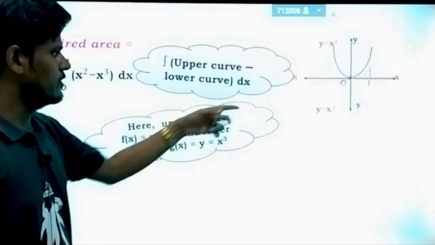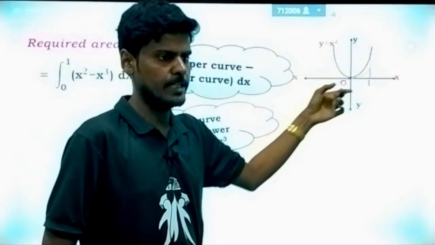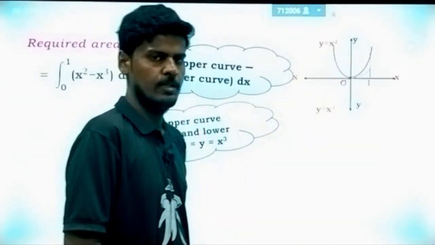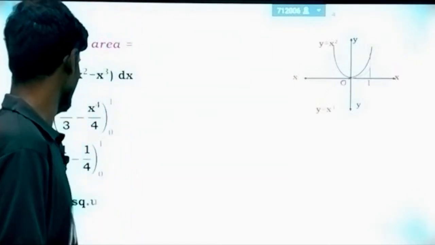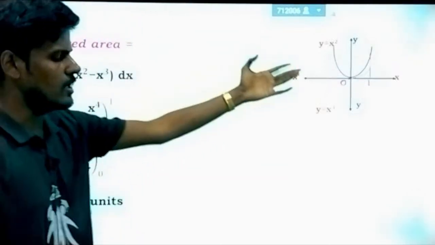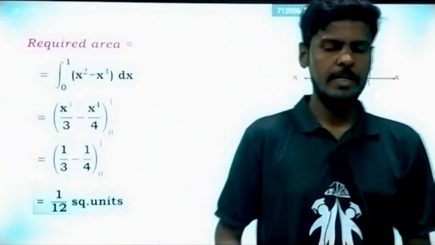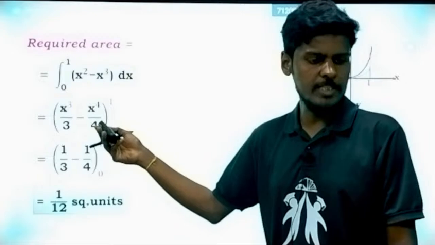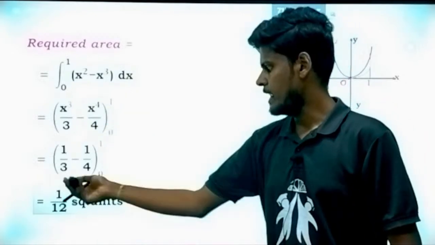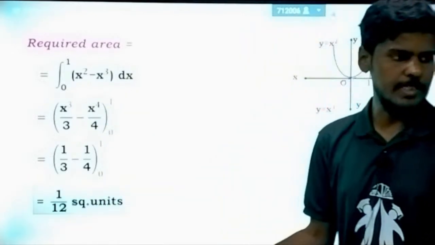Here upper curve is x square, lower curve is x cube. So answer is, just solve this. X square minus x cube, integration will be x cube by 3 minus x power 4 by 4, limit between 0 to 1. Answer is 1 by 12 square units.